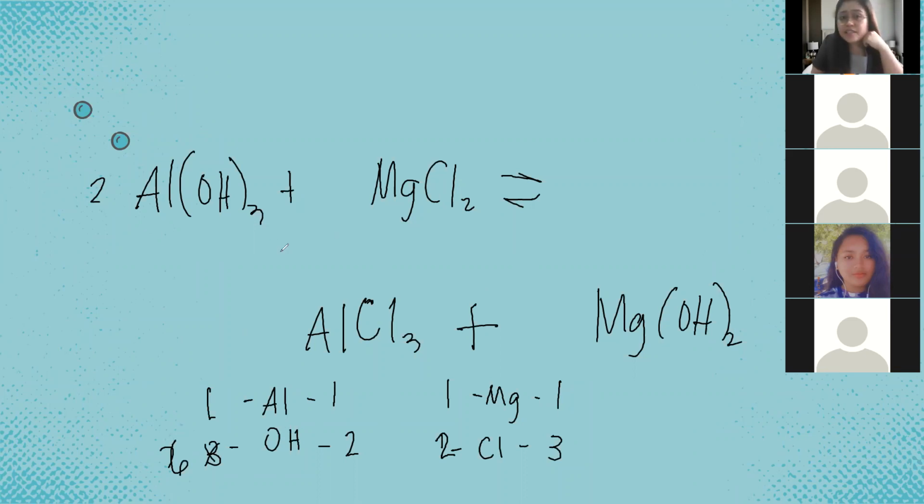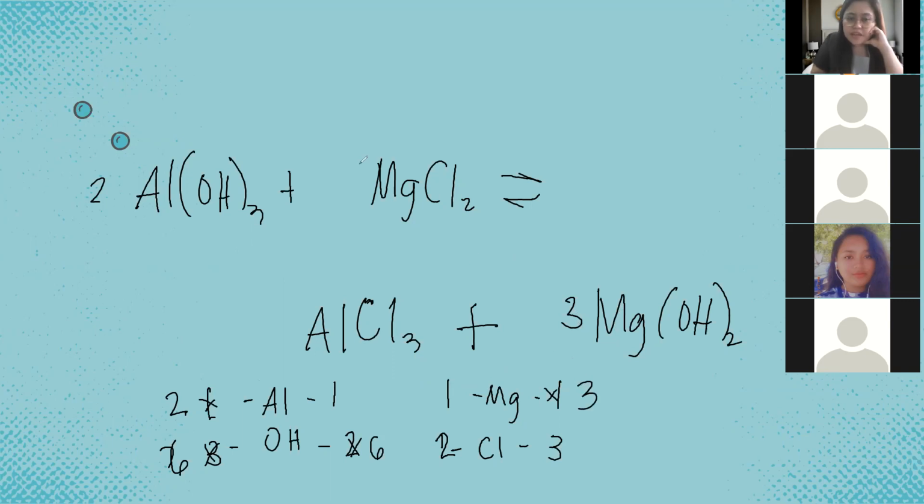This will become 6. So 2 times 3. Mani siya mong gina-ask kung multiply ba ang coefficient o ang subscript? Yes, gina-multiply na siya. So 2 times 3 is equal to 6. And then I'll place 3 also here. Para 3 times 2, this is also equal to 6. But since kauban nila si aluminum, this one will become 2. Siya kauban niya si magnesium. So this one becomes 3.